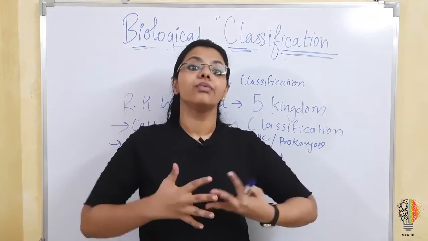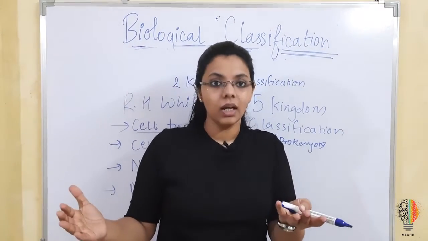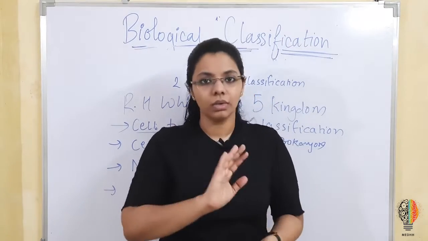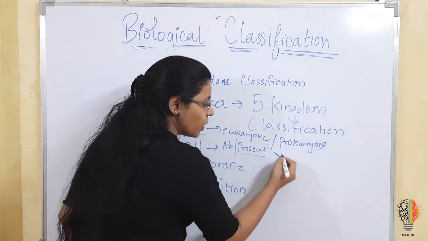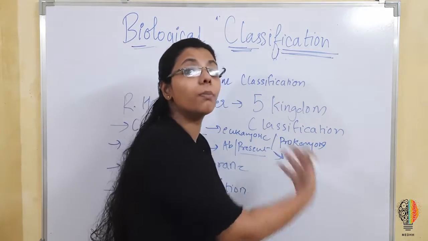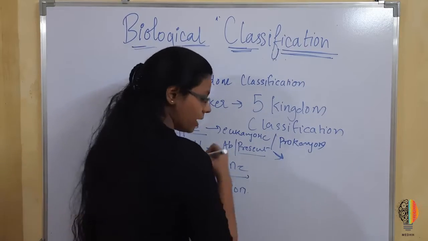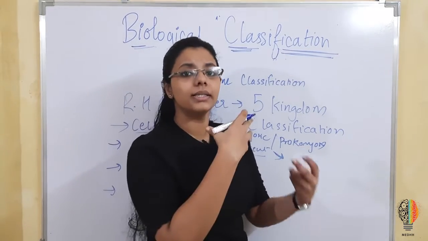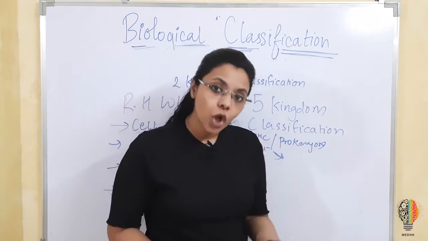Even their mode of nutrition was different. That is how a separate kingdom was created, known as kingdom fungi. We'll get into kingdoms later on. So that is why, if it is present, we were going to see what is the composition of the cell wall. Then nuclear membrane, whether it is membrane bound or not, whether it is primitive, whether it is complex, all those things.